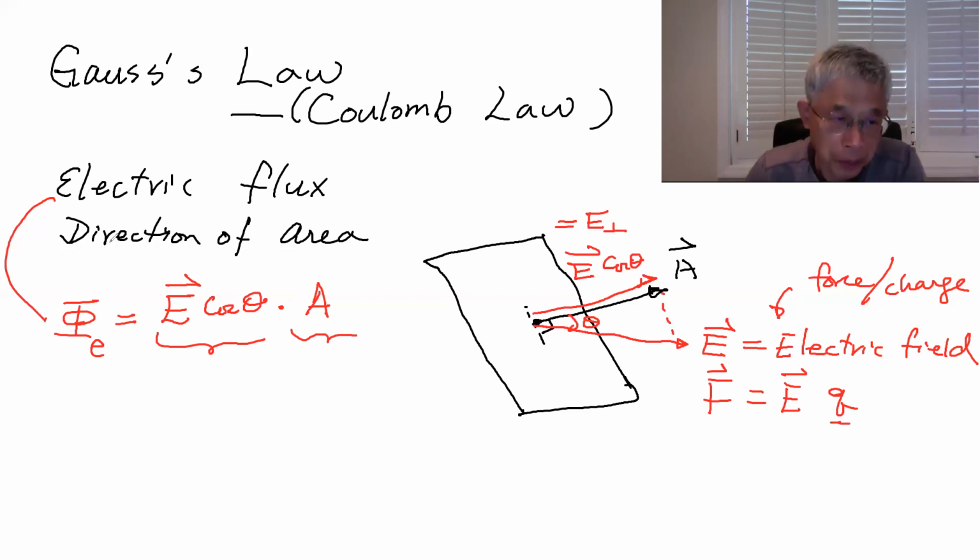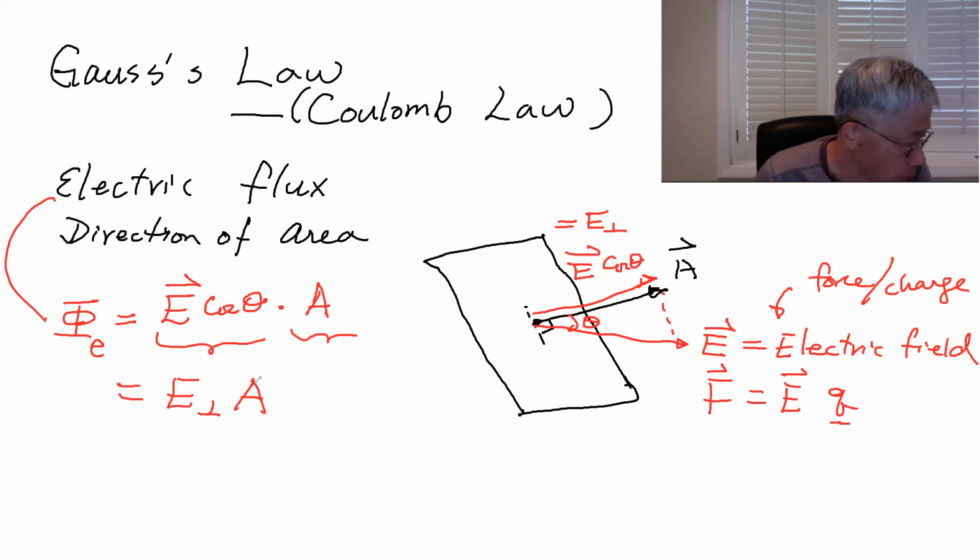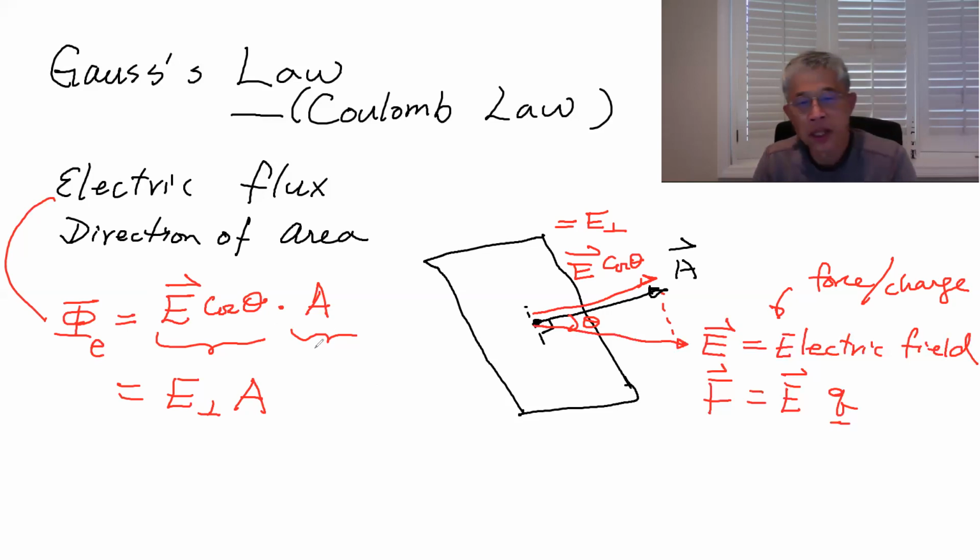This is also called E perpendicular times A, that's the notation, or E A cosine theta. It's a little bit like work, F times D times cosine theta. This kind of definition is called the inner product.